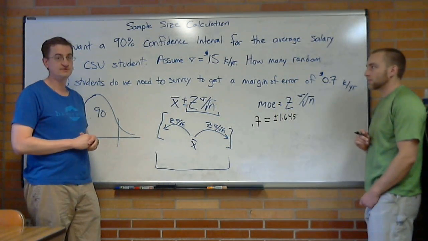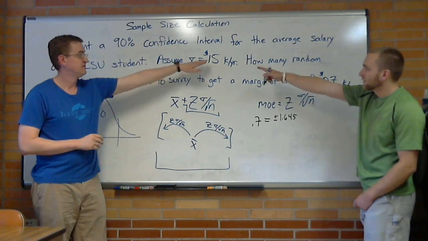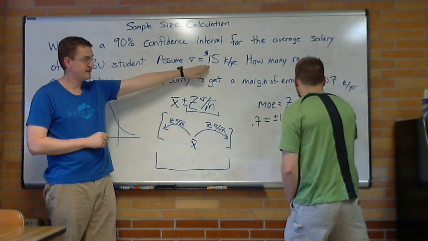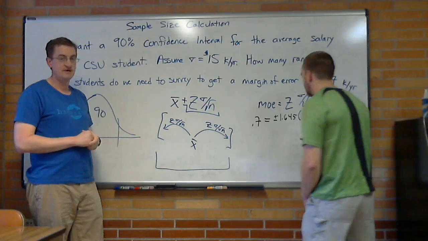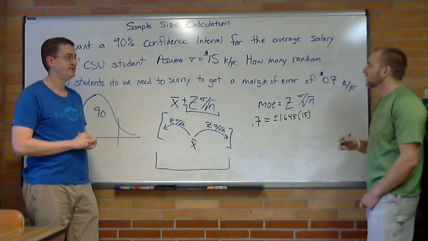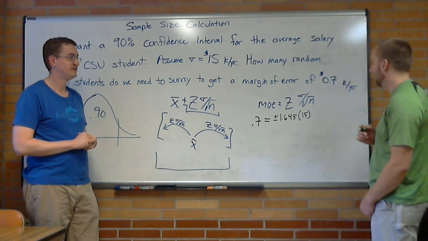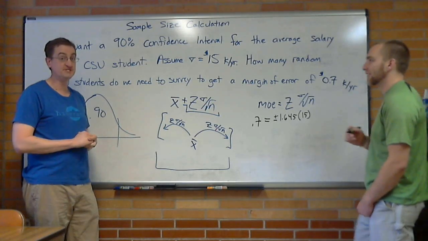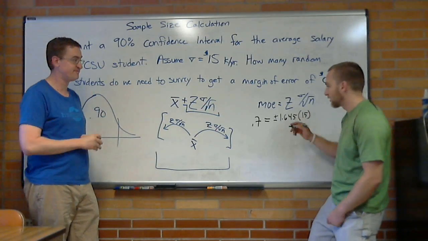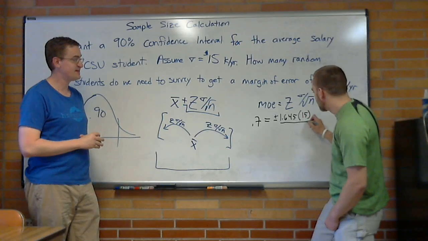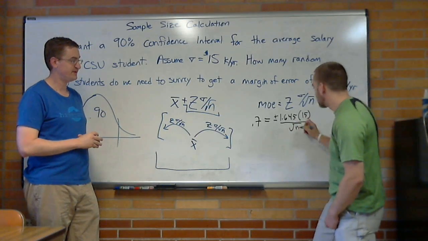What else do we know? Well, we know sigma, right? So we plug that in. And now divided by what's n? There is no n. That is what we are trying to solve for. So you're going to divide that by square root of n.